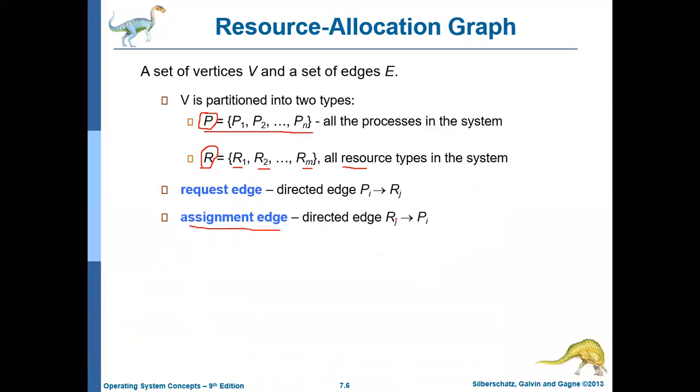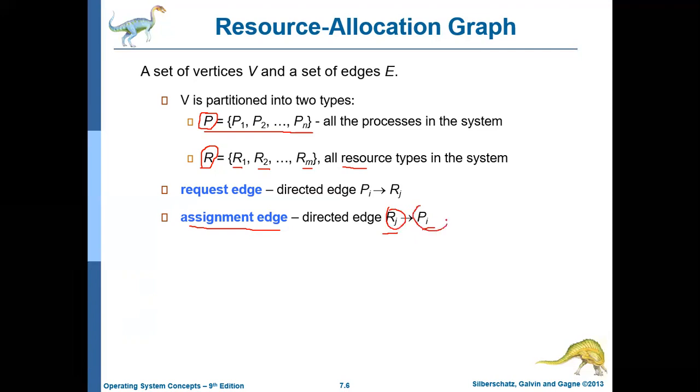If a resource Rj is already assigned to a process Pi, then there will be an edge from Rj to Pi, and that edge is called the assignment edge. It means this resource is already allocated to the process.